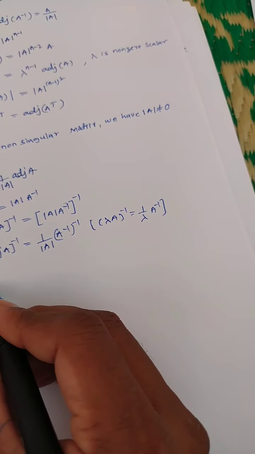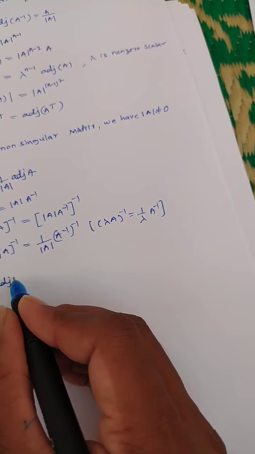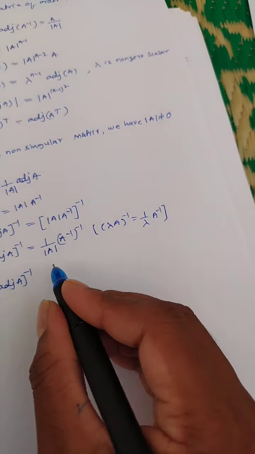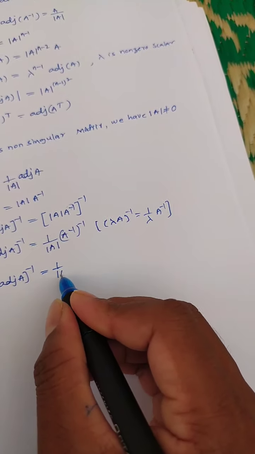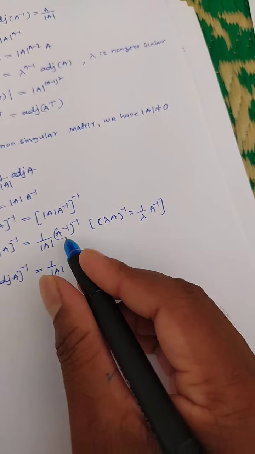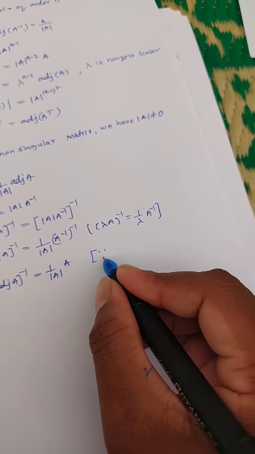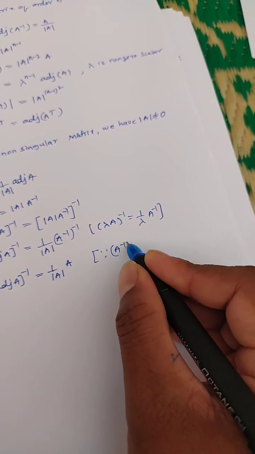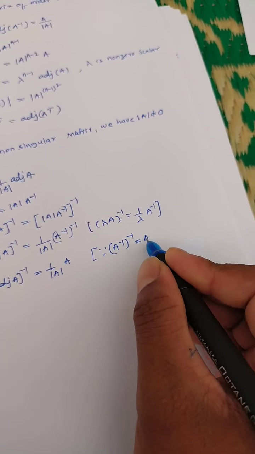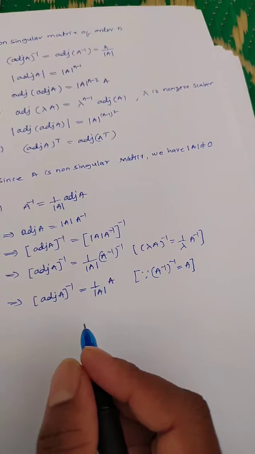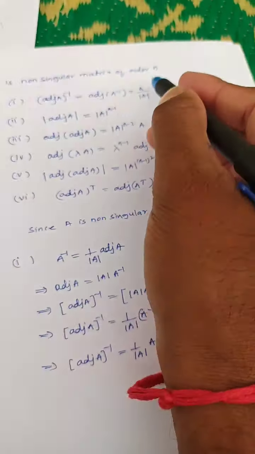That implies adjoint A whole inverse is equal to 1 by det A into A inverse whole inverse, which is again A. Why? Because we know that A inverse whole inverse is again A. We proved this first one.